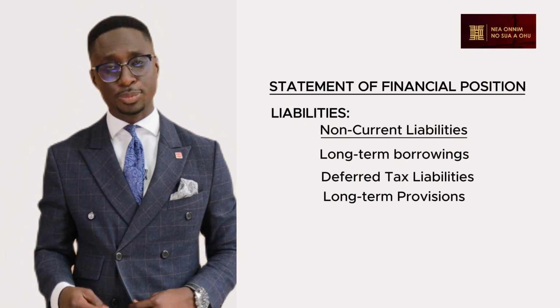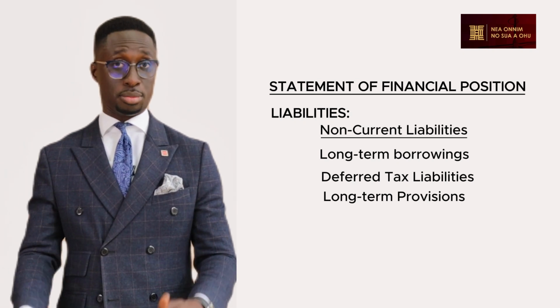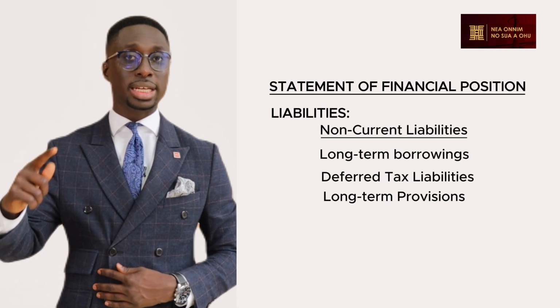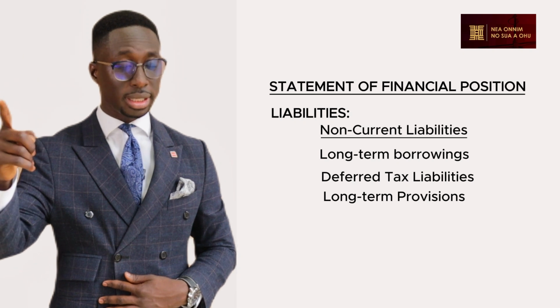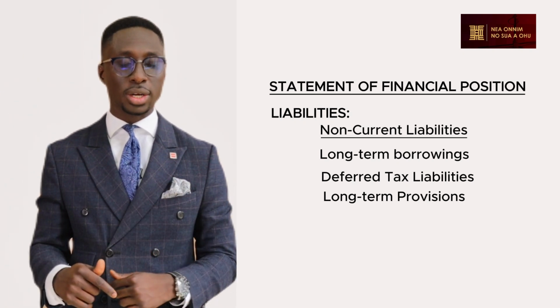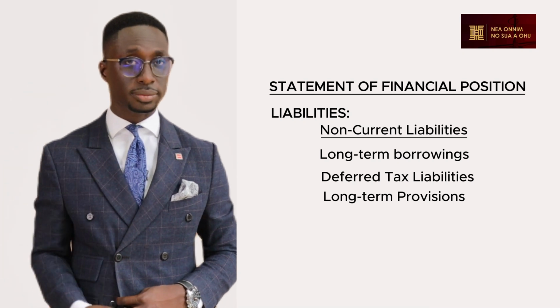I'll take that again. So provisions are obligations that are recognized presently for events that are likely to happen in the future but not yet happened, but then we have evidence presently of their likelihood to happen in the future.